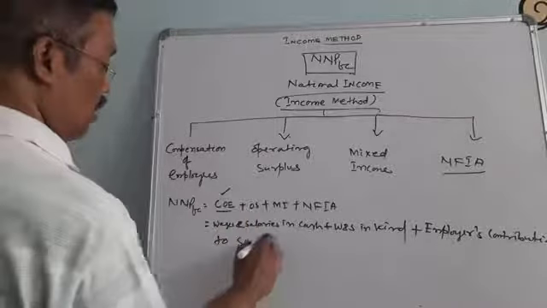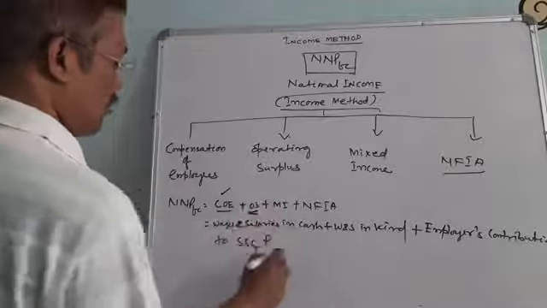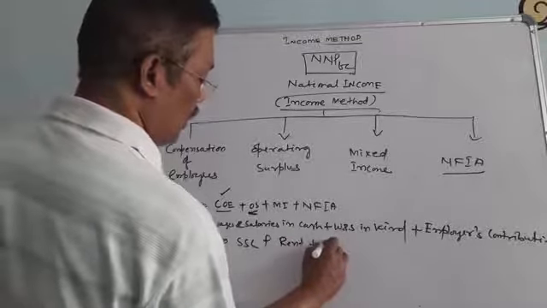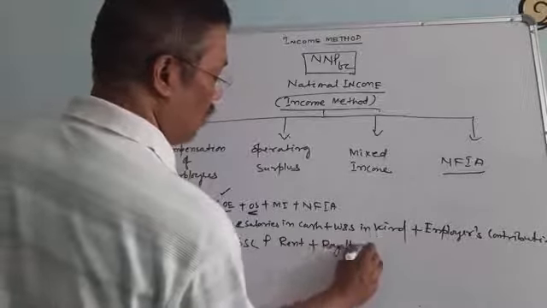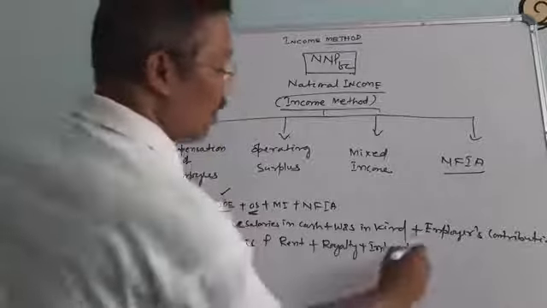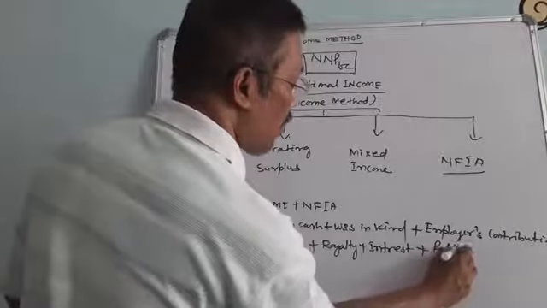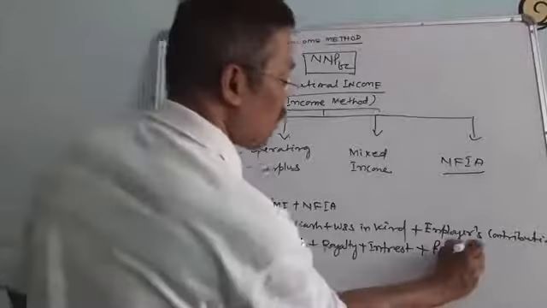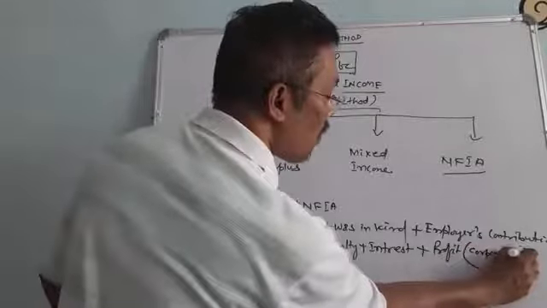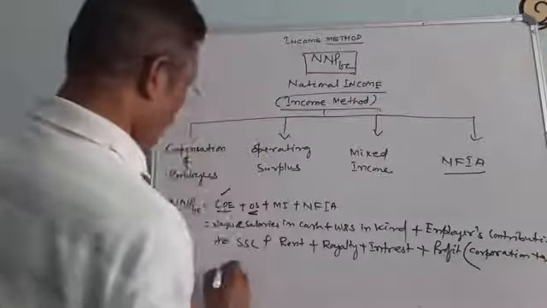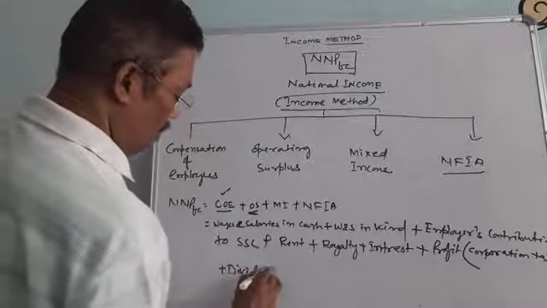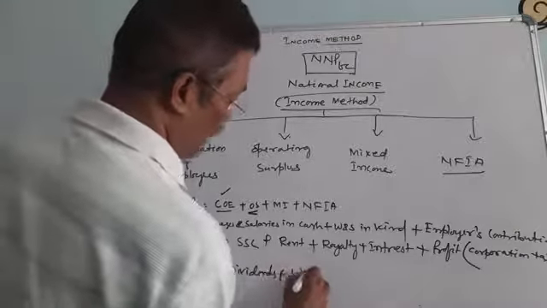Plus operating surplus, that is rent plus royalty plus interest plus profit, where profit has the components of corporation tax plus dividends plus undistributed profits.